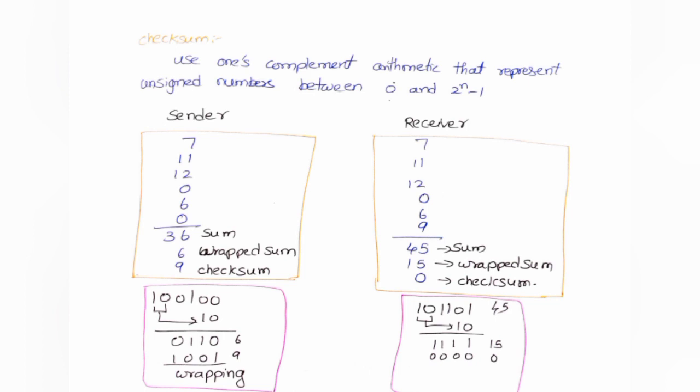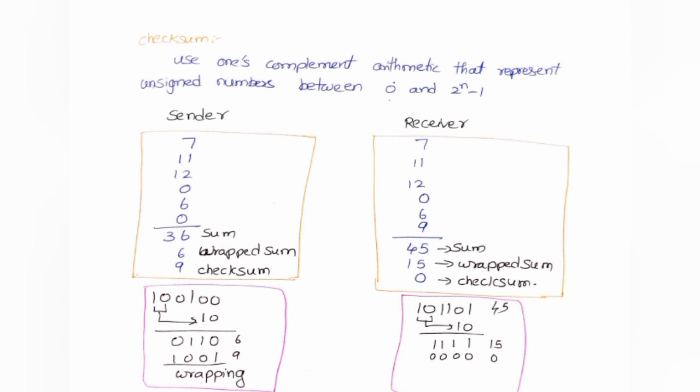Now it will give 4 ones, that is 15 as the wrapped sum. In order to find the checksum, we apply the ones complement on the wrapped sum. If you apply the ones complement on the wrapped sum, it will give all zeros. That means the message received is error free. There is no error in the given message.